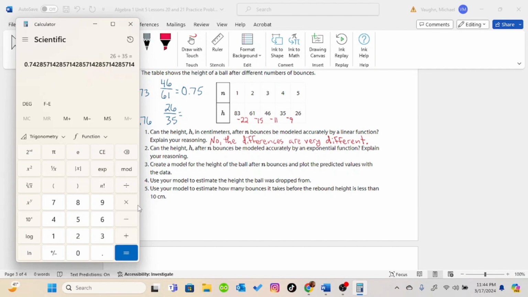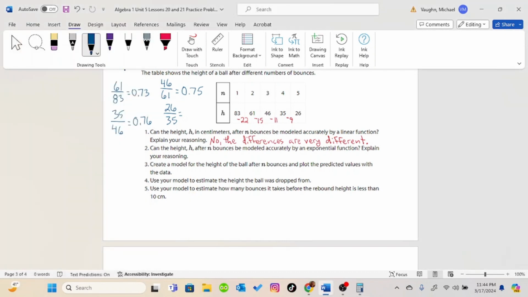And that is 0.74. So we can see that we have almost identical growth factors. It appears we are multiplying by about 0.74 each time.